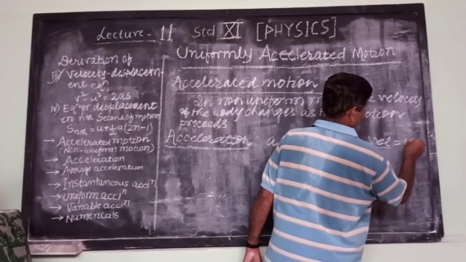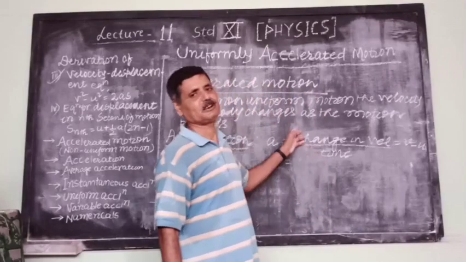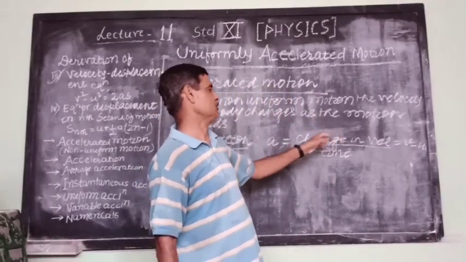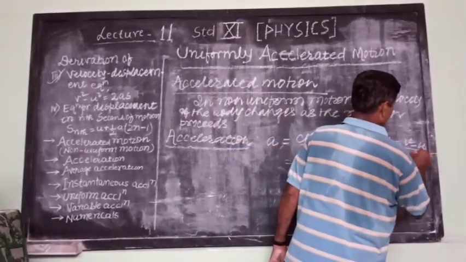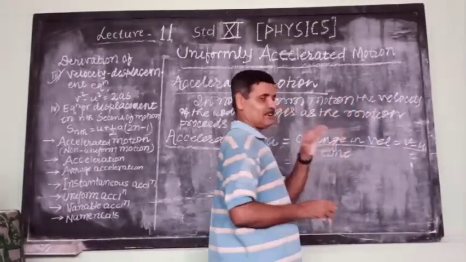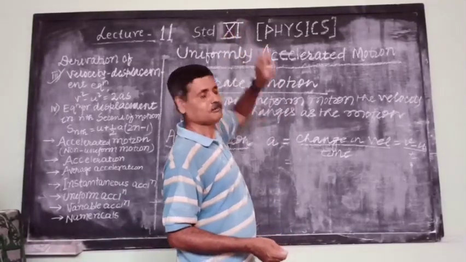It can be written as v minus u by t, if u is the initial velocity and v is the final velocity. This is from standard 9th, but you are studying 11th.